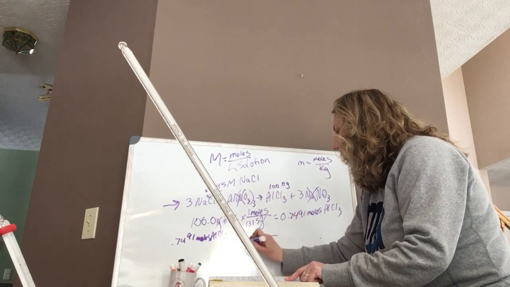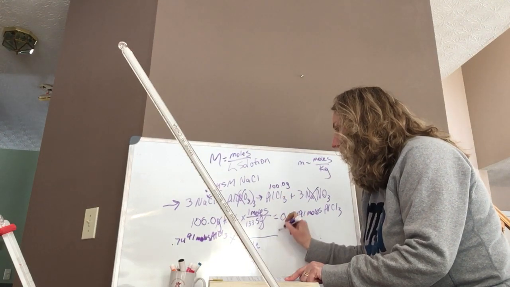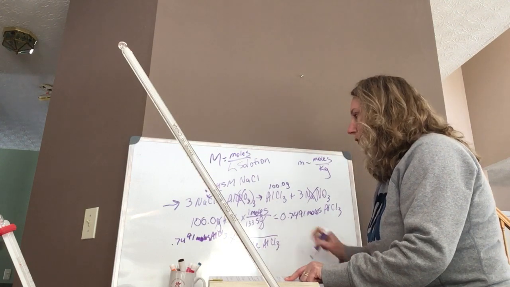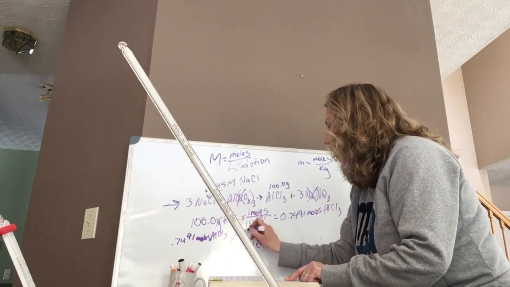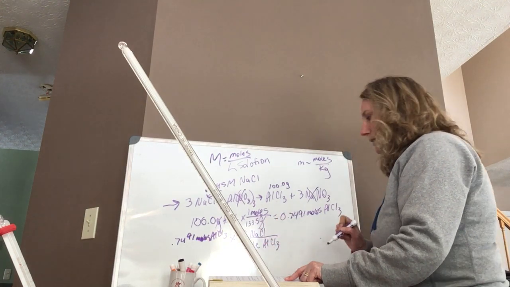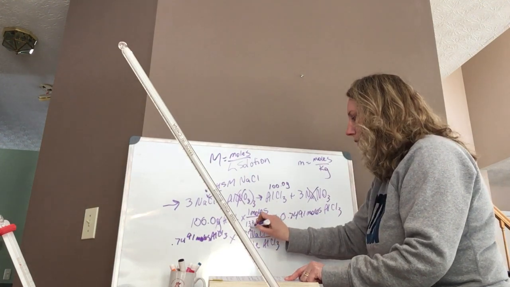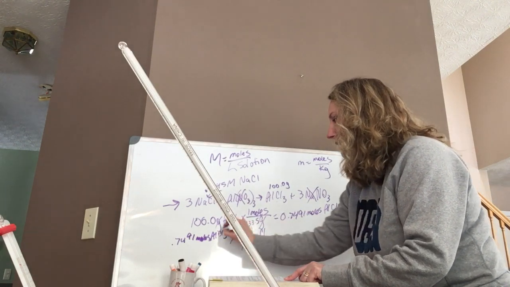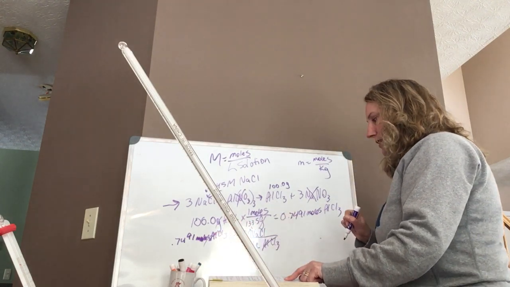For every 1 mole of that, and that goes on the bottom because I want it to cancel out, I'm going to get, or need, 3 moles of NaCl. 3 moles. So now I've converted from AlCl3 to moles of NaCl.